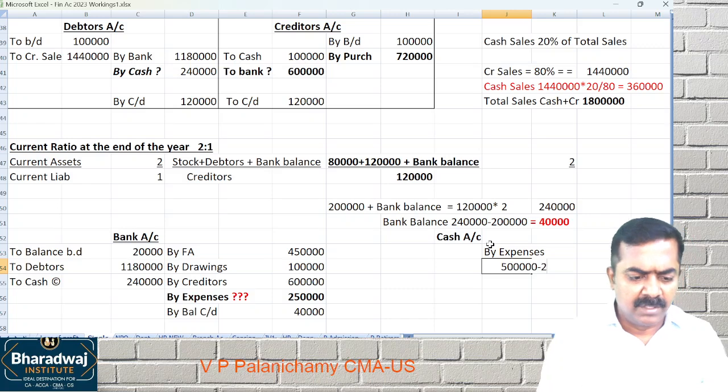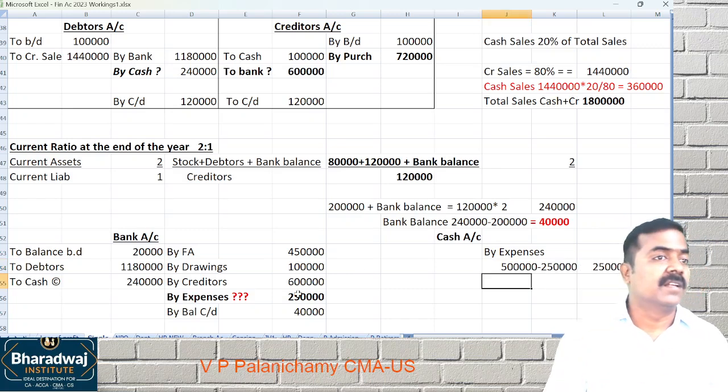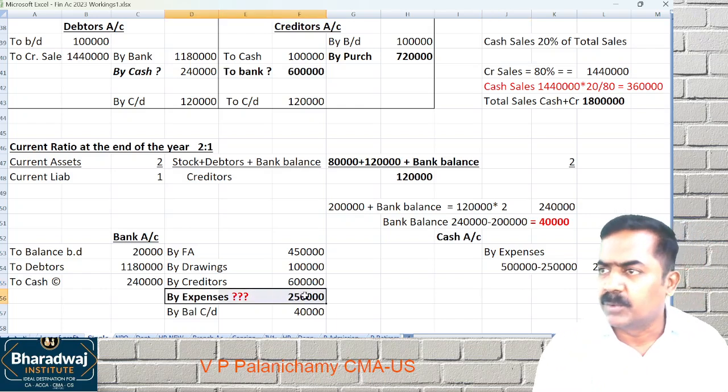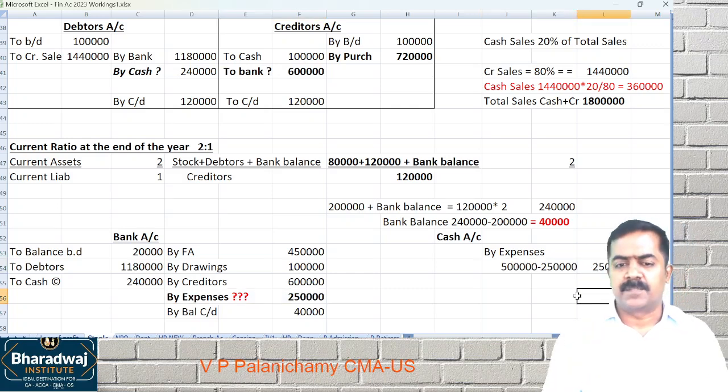Out of 5 lakh, 2,50,000 check-ல spend பண்ணிருக்கோம், balance 2,50,000 cash-ல. Remaining 2,50,000 is paid by what?